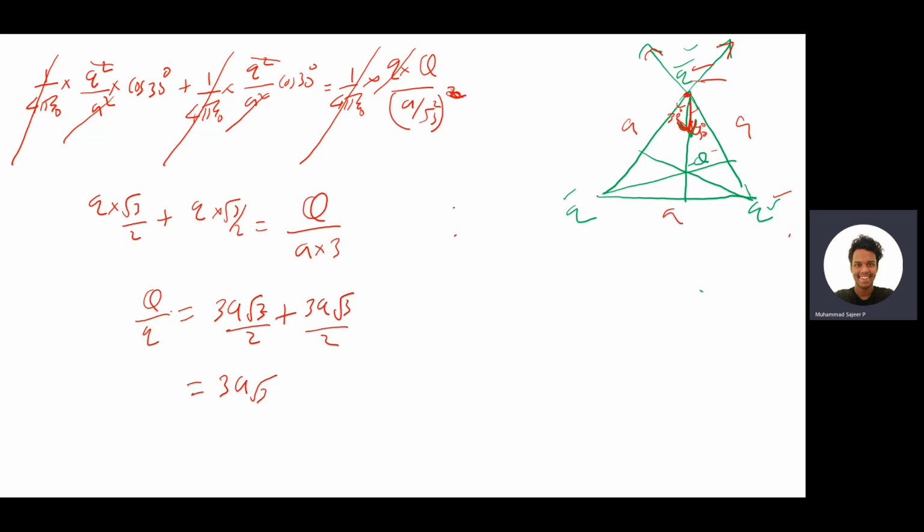A square, a square. This is already cancelled, so we shouldn't put a here. Is this right? We'll have root 3. Somewhere I guess I made a mistake. Root 3 by 2, root 3 by 2.